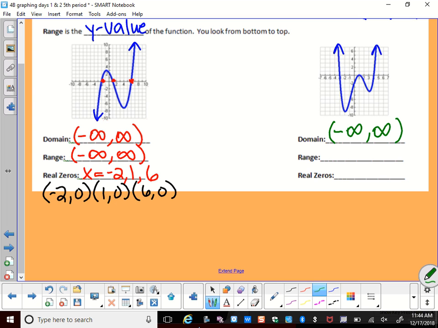If I start from the bottom, looking at your y values, I'm starting where? Negative 9, and I'm going up towards positive infinity. Now, when you do your range, the numbers that you actually write in will have a bracket. That means that this number is included. So that negative 9 needs a bracket.